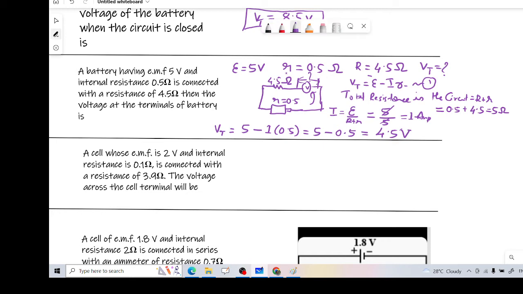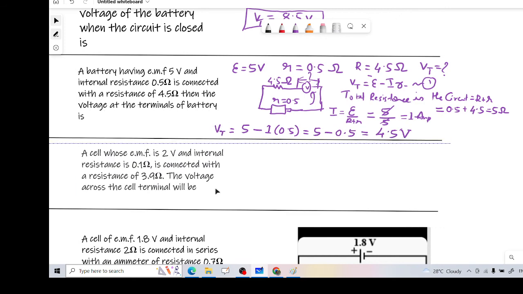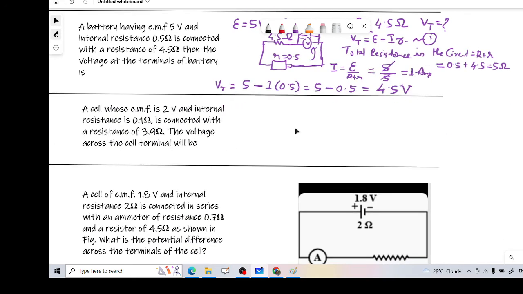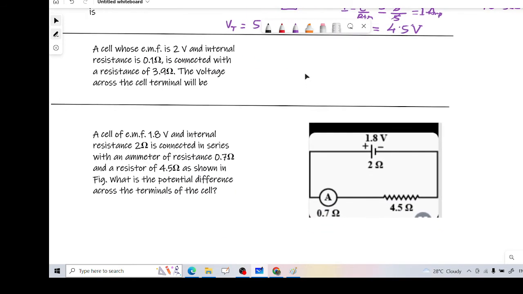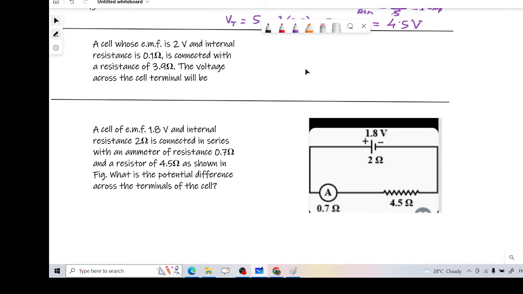Next one is a cell whose EMF is 2 volt and internal resistance is 0.1 ohm and is connected to 3.9 ohm.